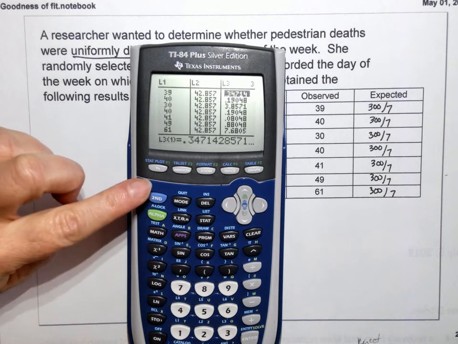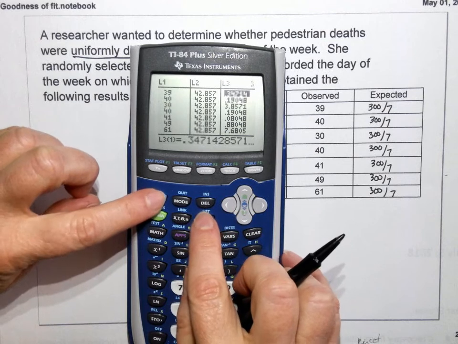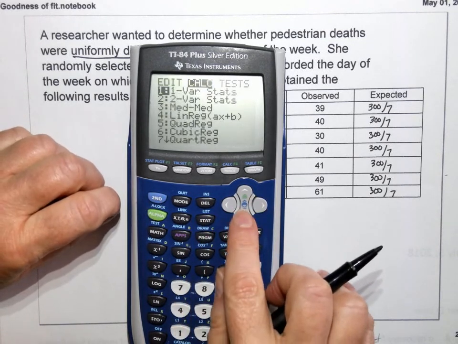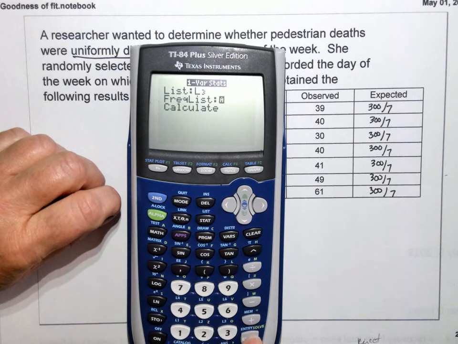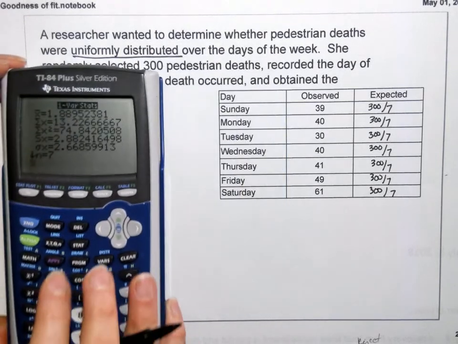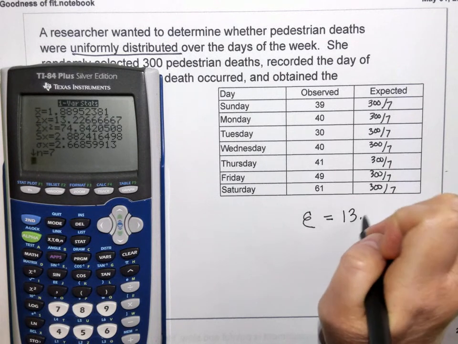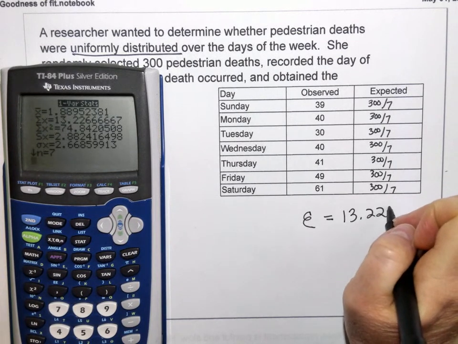It puts those values in. Then stat, calc, one variable stats, from list 3, which gives me my sum, which should be 13.227.